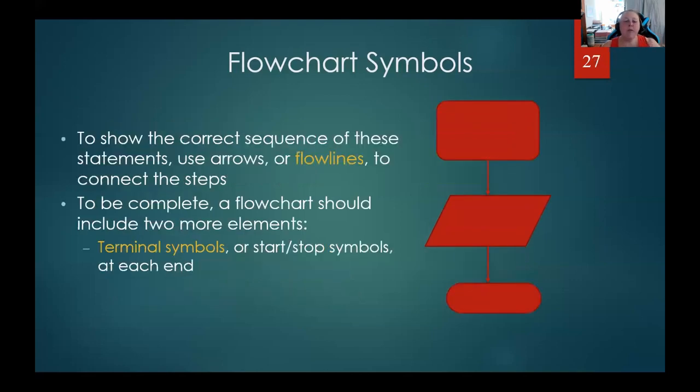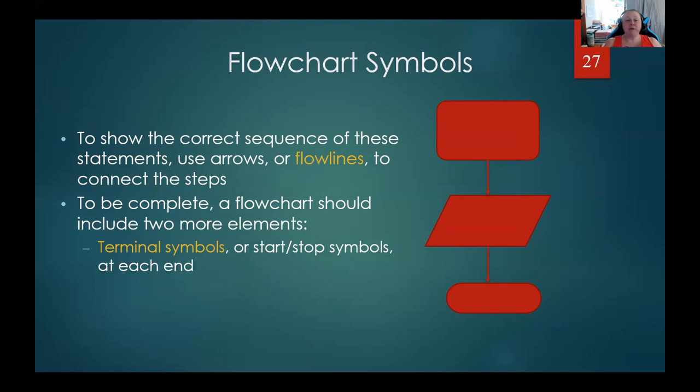Now, to show the correct sequence of these geometric shapes, we're going to use things called flow lines, okay? The flow line is nothing more than an arrow. So a flowchart is a one-way street, and we follow the arrows. So in this, we've got a process, and it goes down following the arrow into an input-output or an I/O, okay?